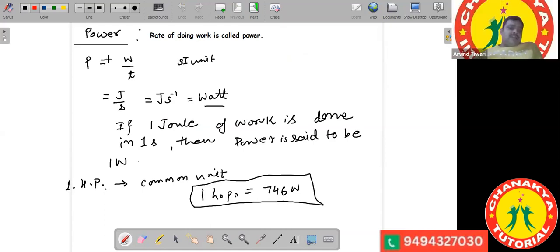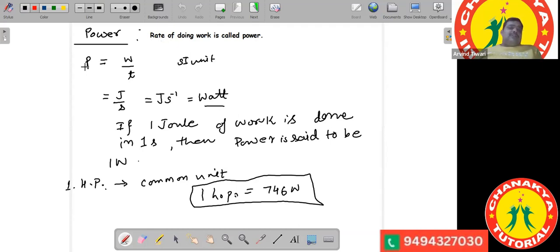Power is defined as the rate of doing work. So we define power as rate of doing work.